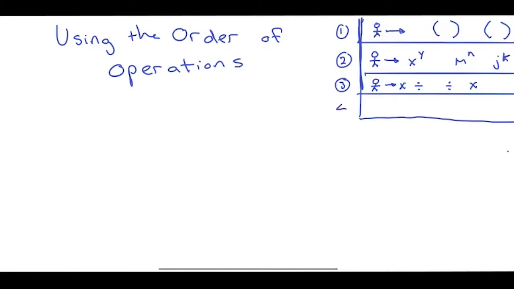And then finally, in level 4, you will be going up against addition and subtraction. Or maybe it's subtraction and addition. Whatever you encounter first, from left to right, is what you need to solve. So let's take a look at some examples of these problems.